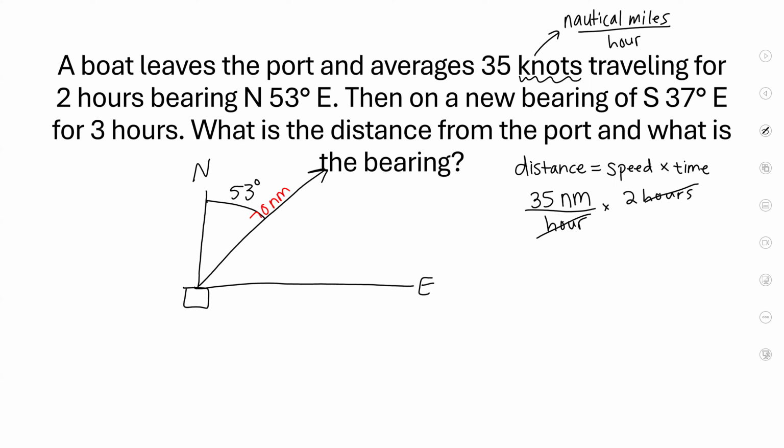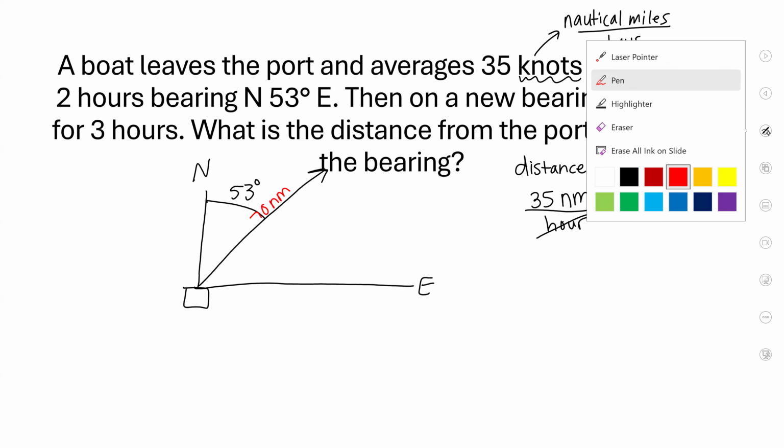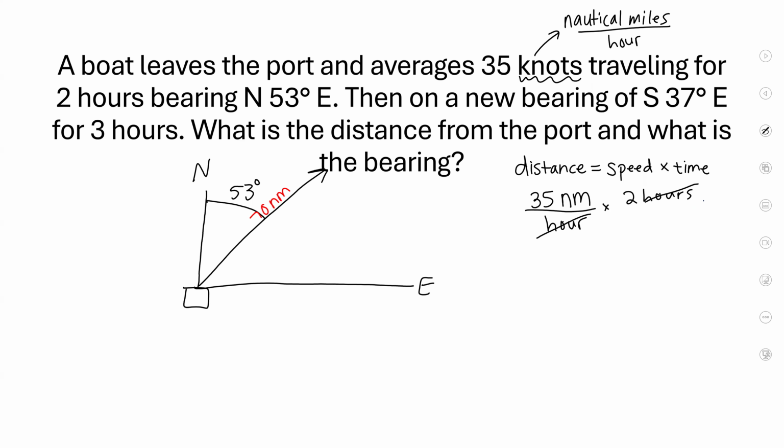Okay, then on a new bearing of, and they specified this time that I'm going to go from the south and then go east. So guys, let's say my boat is up here. This is my sailboat. I'm going to draw another compass. So this is my compass. Now I'm going to go south.